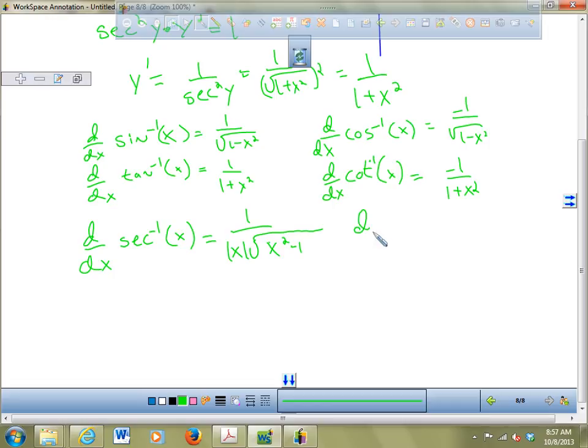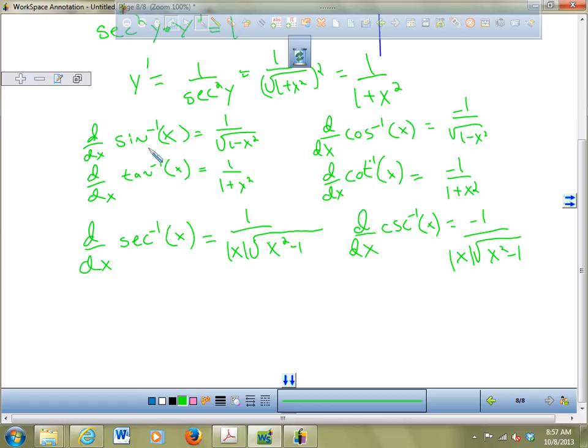And d dx of the cofunction of secant, cosecant inverse of x, is equal to negative 1 over the absolute value of x times the square root of x squared minus 1.